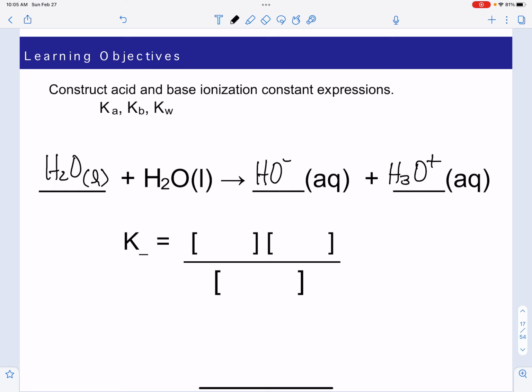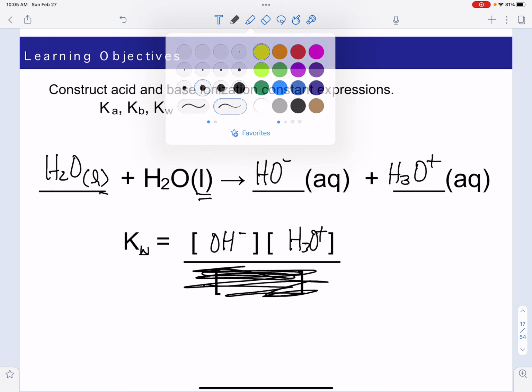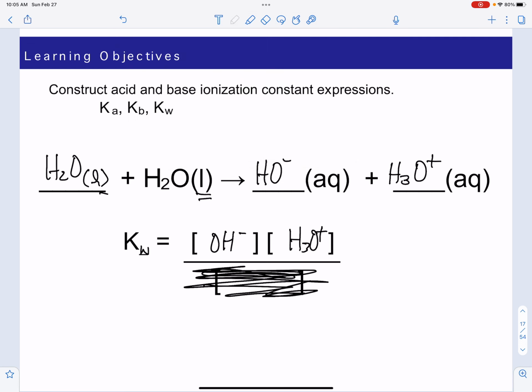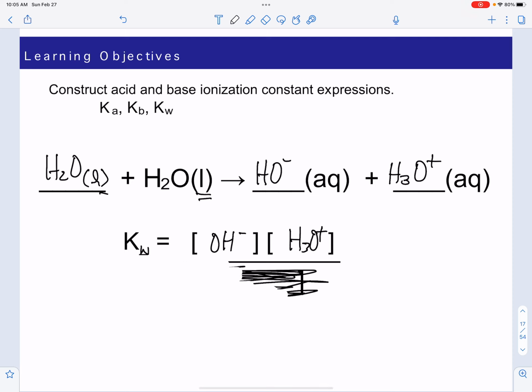So this was the ionization of water reacting by itself. So that's Kw. Kw is nothing more than hydroxide times hydronium over what? Water and water over nothing. So you basically have just that.